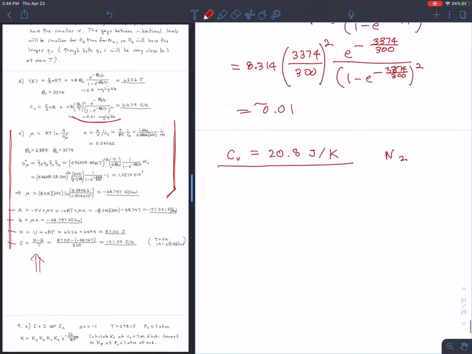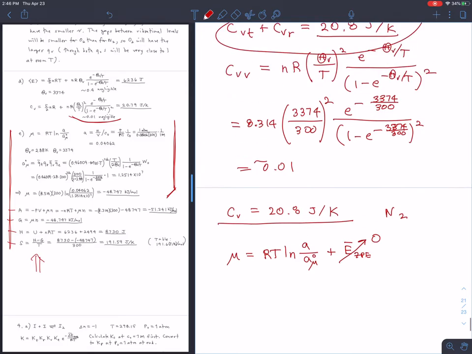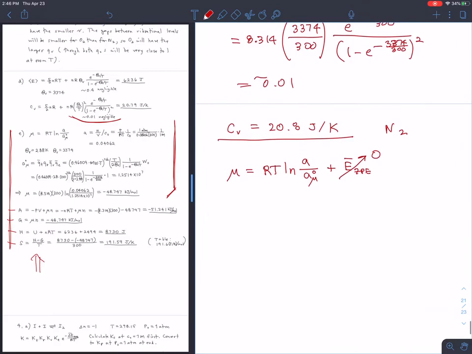As with HCl, the chemical potential is equal to RT log of the activity over the activity of microstates plus a ZPE offset, but we're setting that to 0 for this calculation. We didn't add it to the energy up here, for example, even though in principle it's there. For the present circumstances, we have P equals 1 atmosphere, N equals 1, T equals 300, and the activity is equal to N over V times 1 over the standard state concentration of 1 molar.